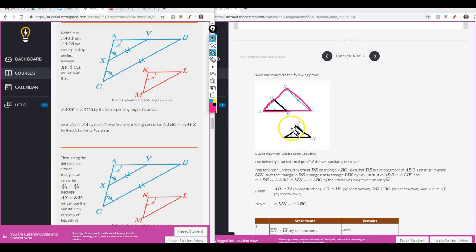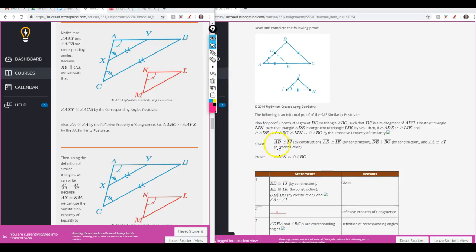That is because this little triangle is the same one as that little triangle, and it's similar to itself. And since this one is similar to the larger triangle, that means this triangle has to be similar to the larger triangle as well. So that's the plan for the proof.